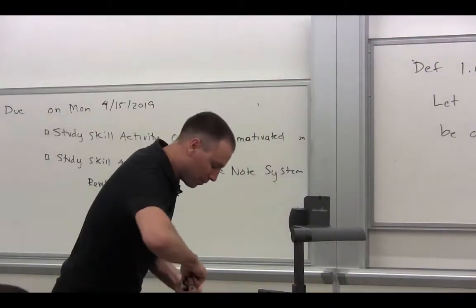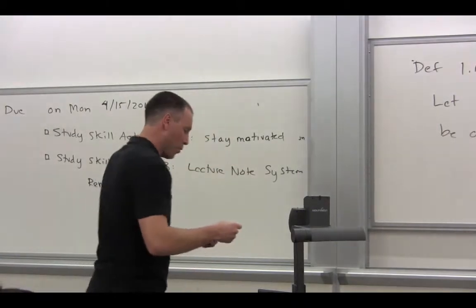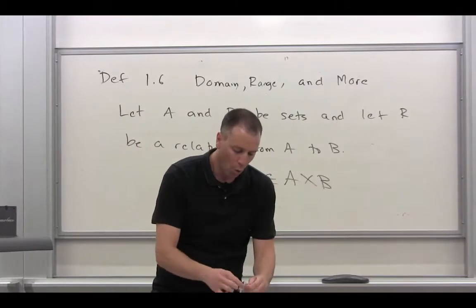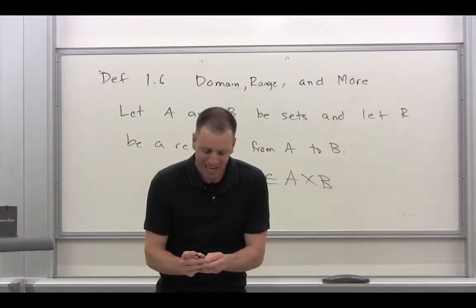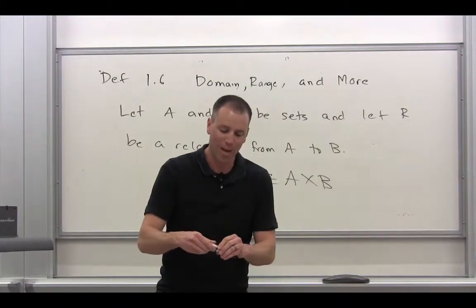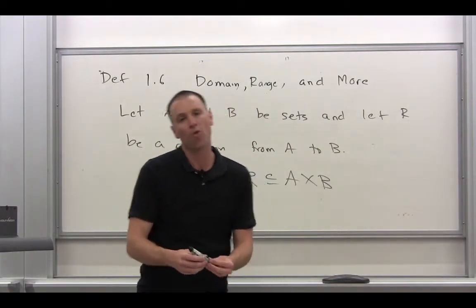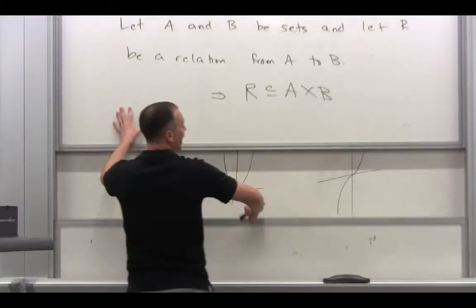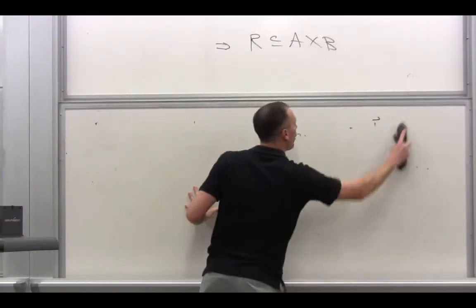All right. Let me ask you this. When you think about a function, what is the domain in terms of the ordered pairs for every element of the function? Is the domain the left element or the right element? Left. Okay, so could you guess what the domain space of R is?